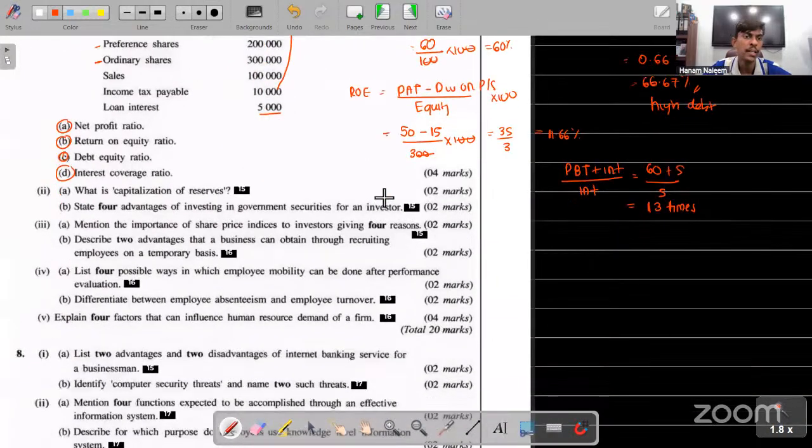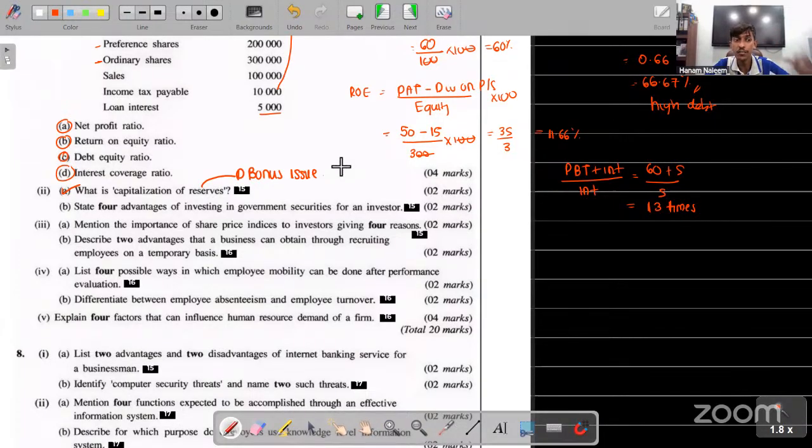a bit. Okay, fine. Then, what is capitalization of reserve? Capitalization of reserve, we can say another word also, bonus issue. That means you convert your reserves into capital. That means the profits you earn, you convert those profits into capital, means you give the profits as a bonus for the investors.